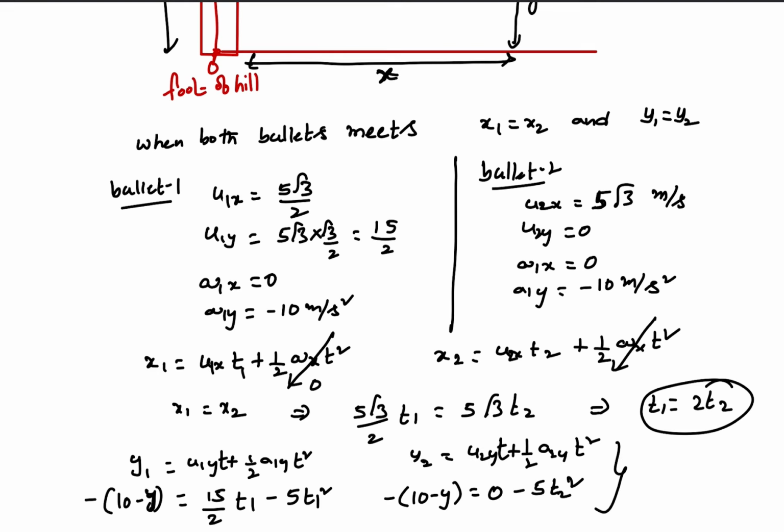So from this you equate both. If you equate this, what value will you get? 15 by 2 into t1 minus 5 t1 square is equal to minus 5 into t2 square.